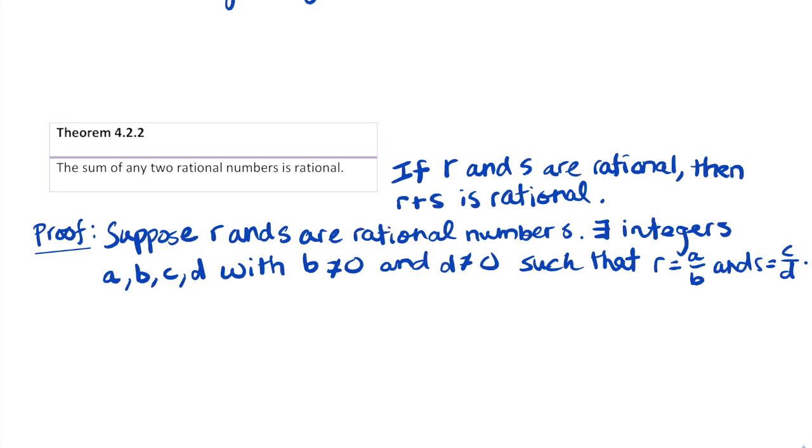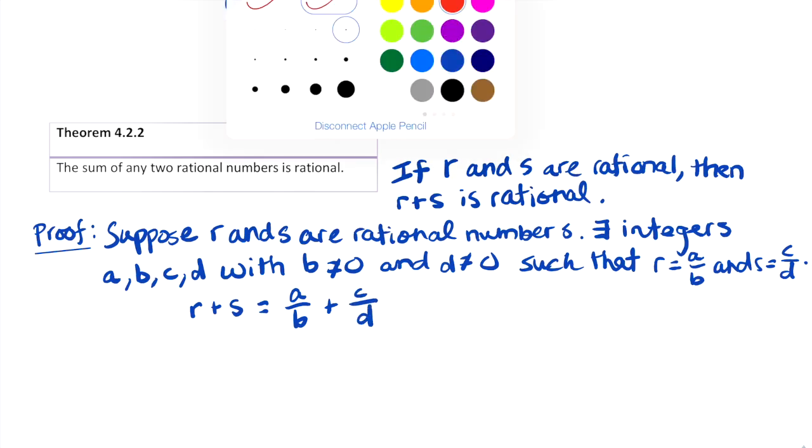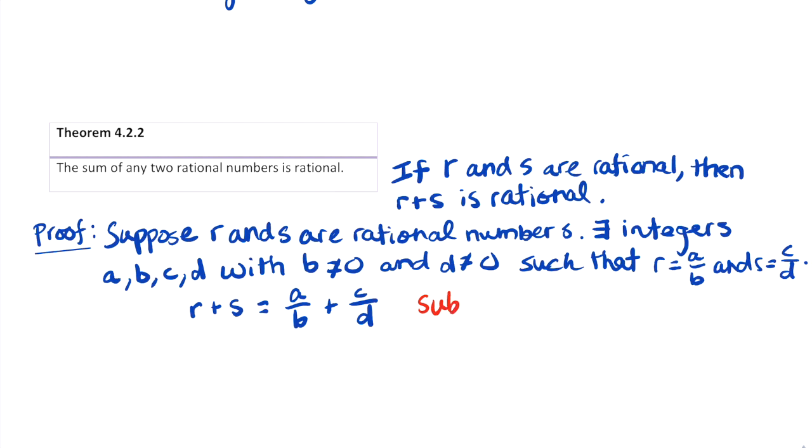I mean, we got to add them, right? R plus S. When we add those up, what do we get? We're going to get A over B plus C over D, and that's just by substitution.